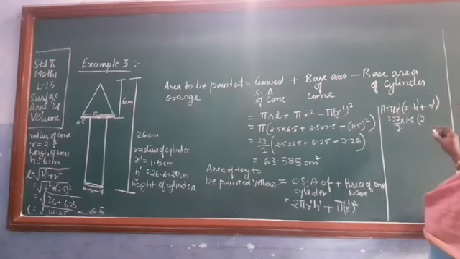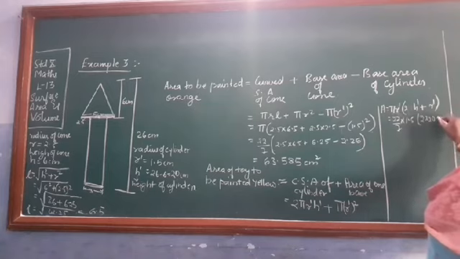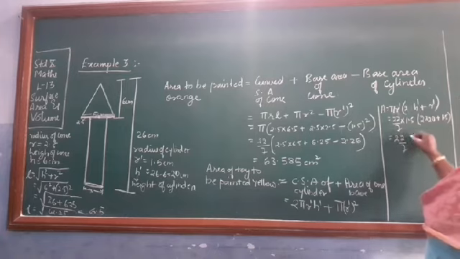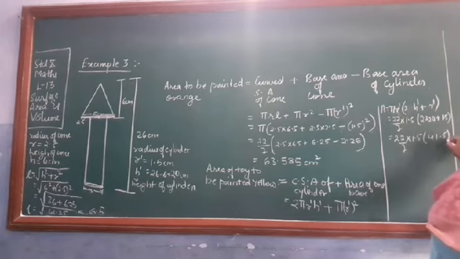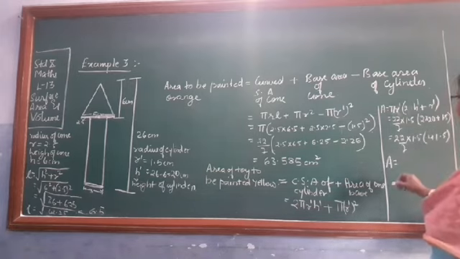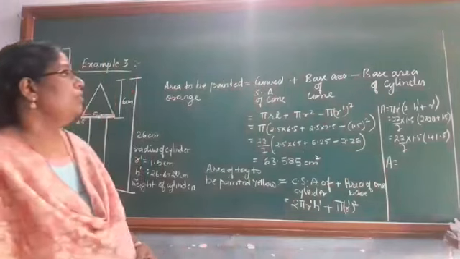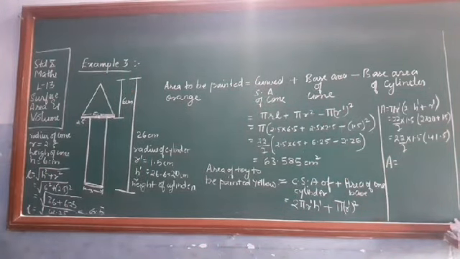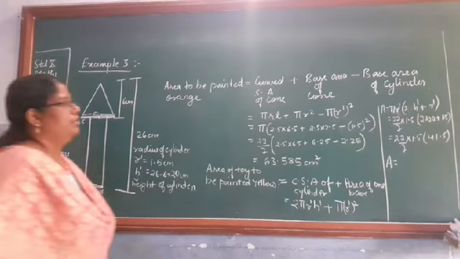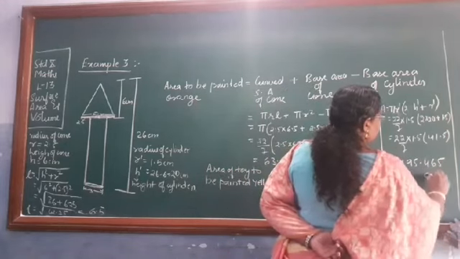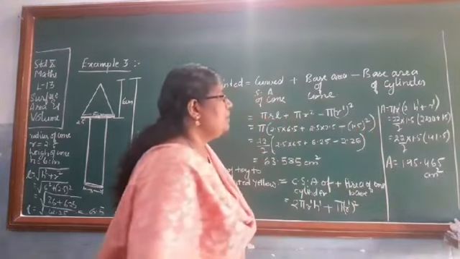H dash I got as 20, so 2 into 20 plus r dash is 1.5. So that is 22 by 7 into 1.5 into 41.5, which is equal to 195.465 centimeter square. So the area to be painted yellow comes out to be 195.465 centimeter square.